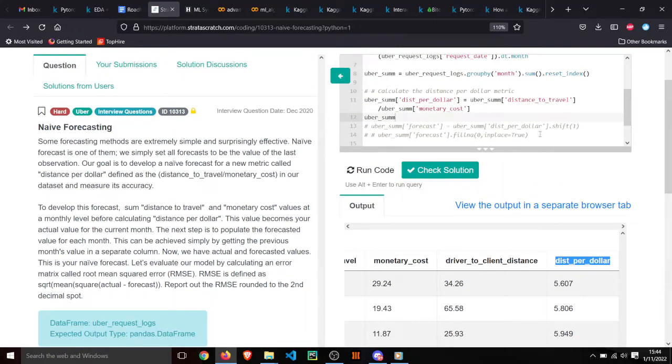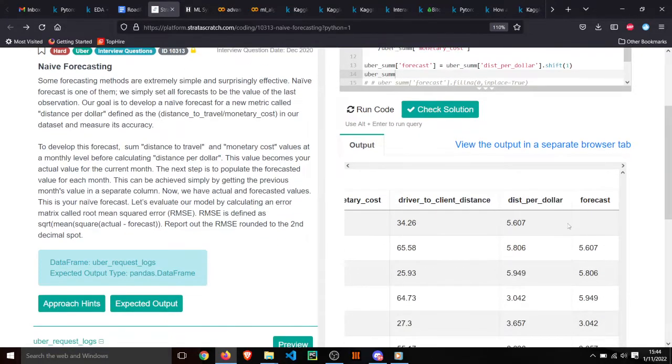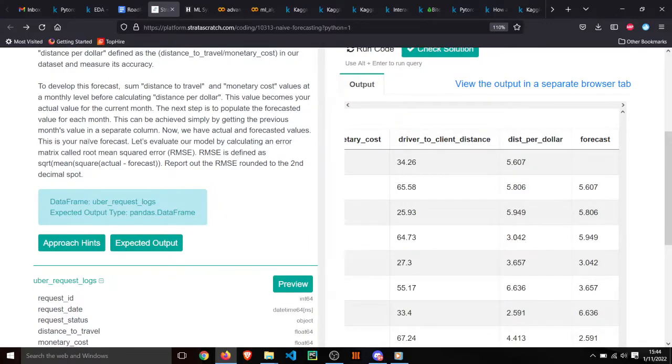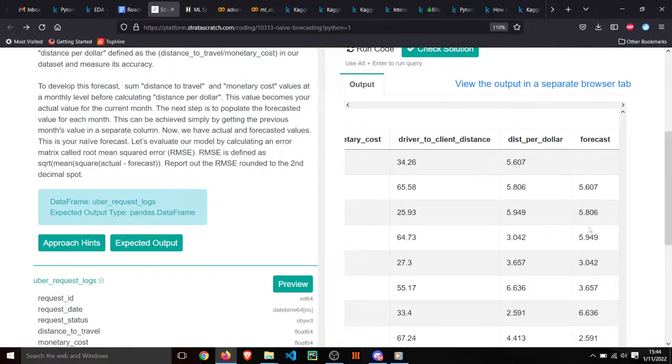Let me show you what I mean by that. So 5.67 got shifted one below, 5.806 got shifted one below, 5.9 got shifted one below, 3.0 shifted one below. So like this, everything got shifted one below. This is our forecast.